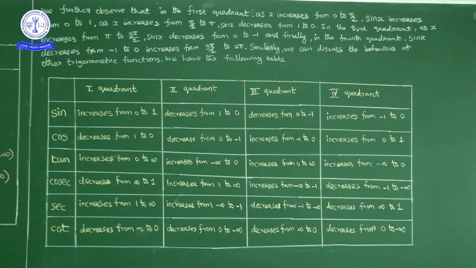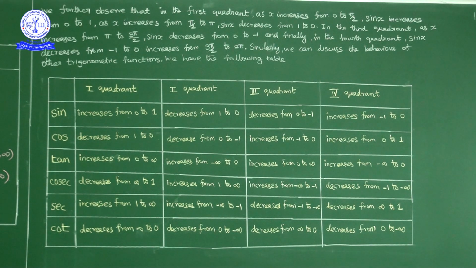Further, as x increases from pi by 2 to pi, in the second quadrant, cos x decreases from 0 to minus 1. After that, cos x starts increasing from minus 1 to 0 in the third quadrant, as x increases from pi to 3 pi by 2.